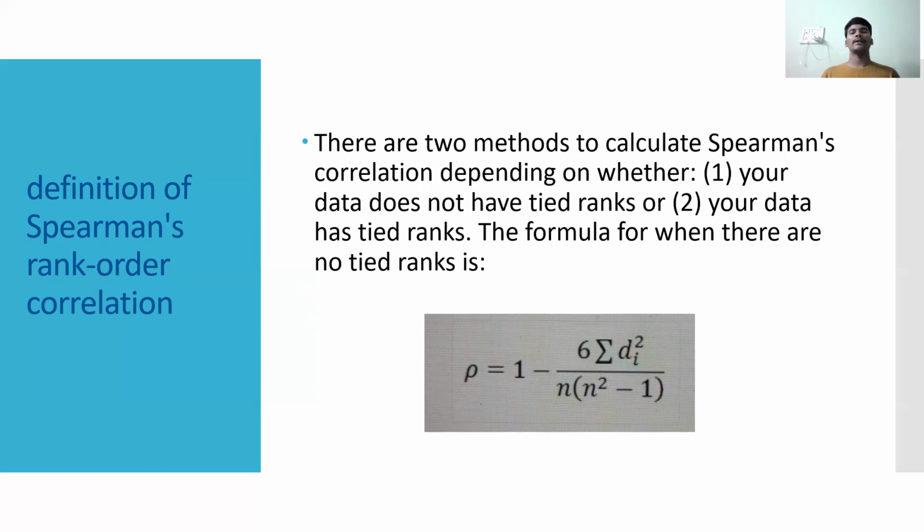One data set can have tied ranks and another cannot, and based on that the formula changes. The formula for when there are no tied ranks: rho, the Spearman's correlation constant, is equal to 1 minus 6 times sigma di squared divided by n times n squared minus 1.